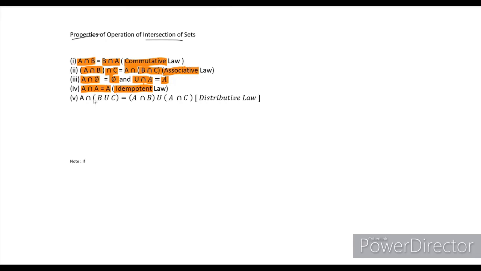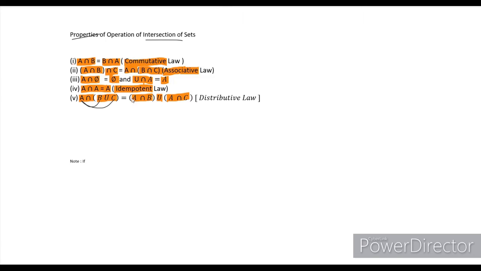Now take B union C and take intersection with A. That will be the same as A intersection B, then A intersection C, and then taking the union of them.